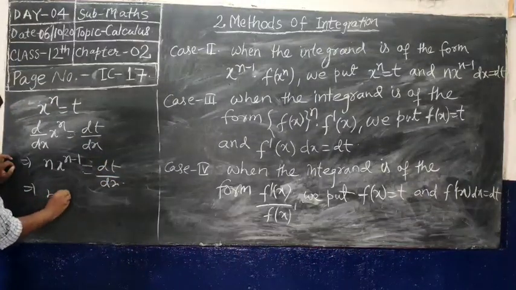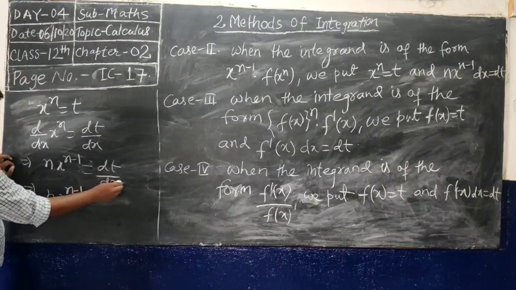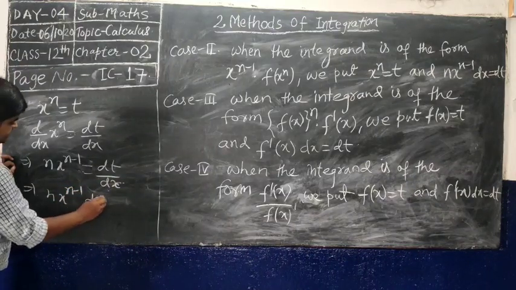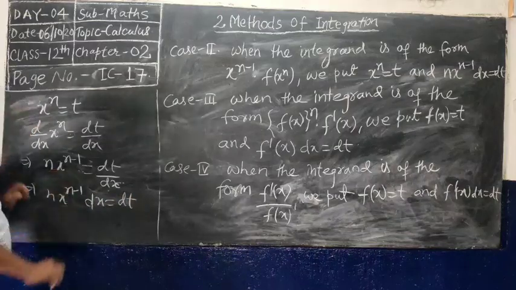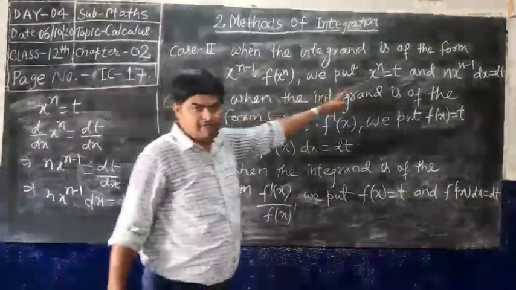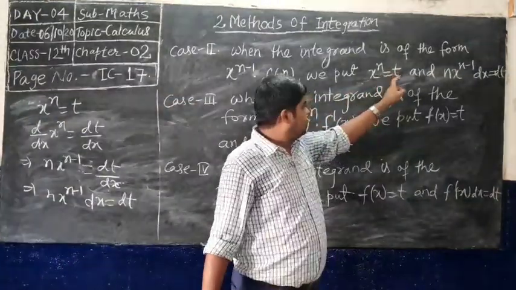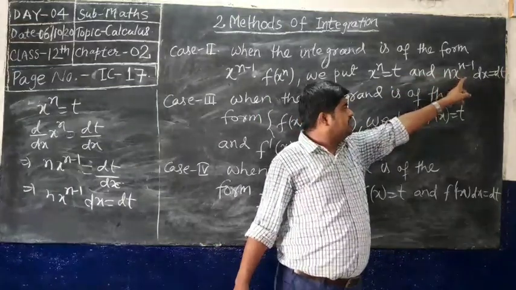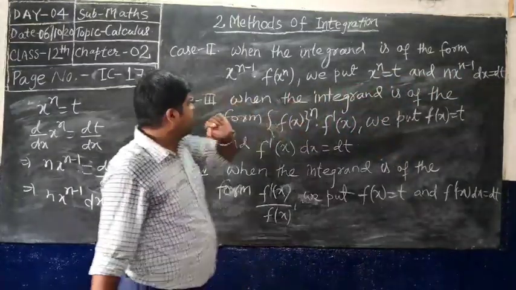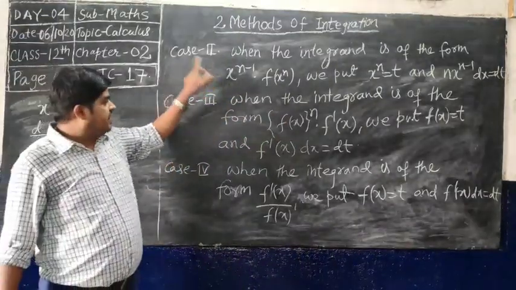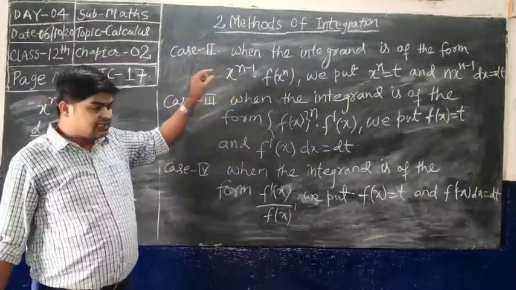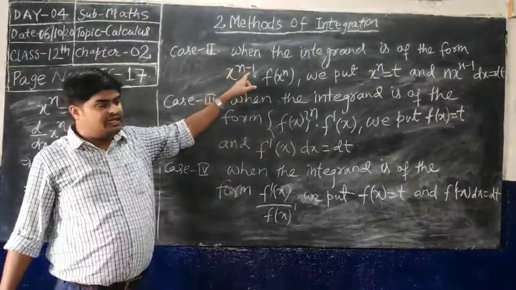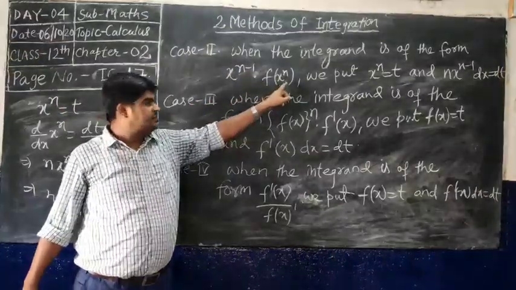Or it becomes n x to the power n minus 1 dx is equal to dt. See there, if you put x to the power n is equal to t, then it becomes n x to the power n minus 1 dx is equal to dt. You will apply case 2 when the integrand is x to the power n minus 1 dot f of x to the power n.